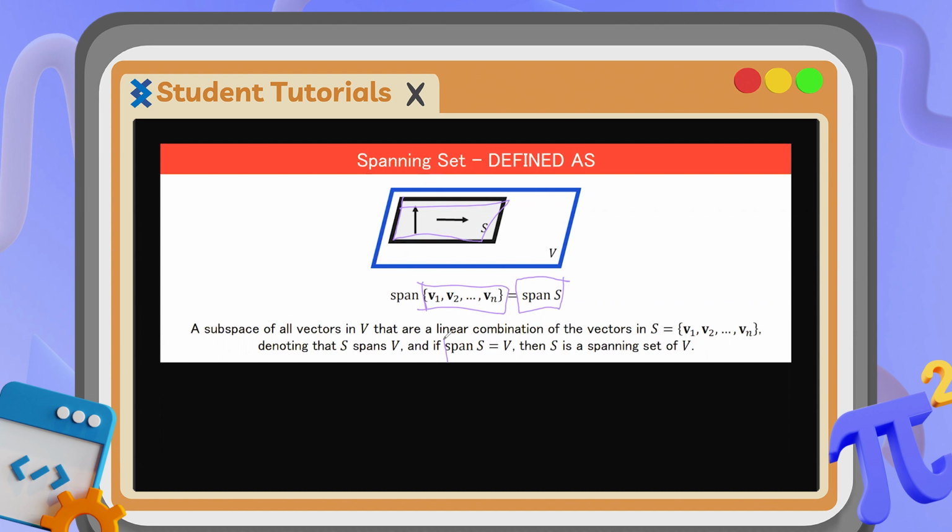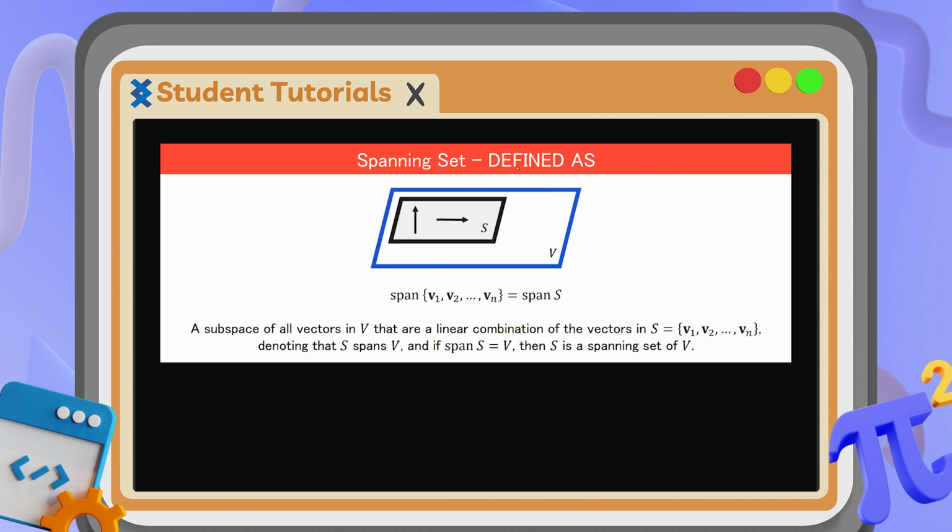If span S is equal to the vector space, then S is a spanning set of V, meaning you can create any vector inside the vector space V using the vectors in S.